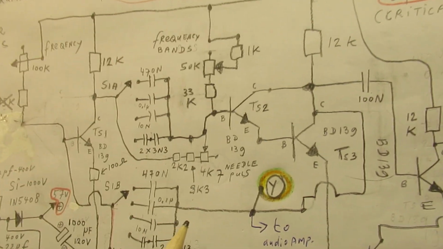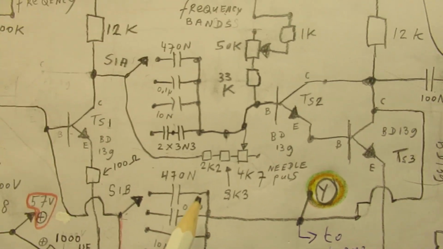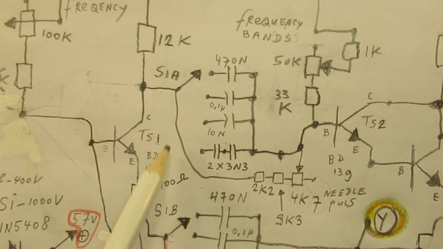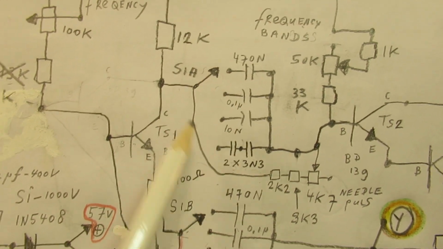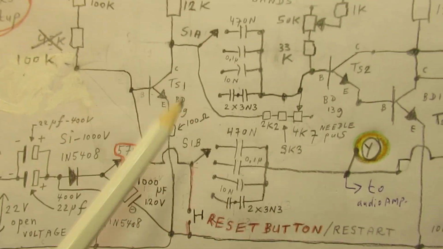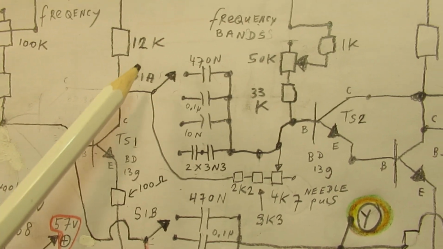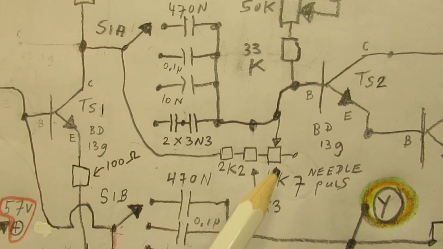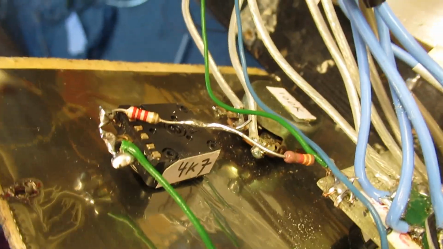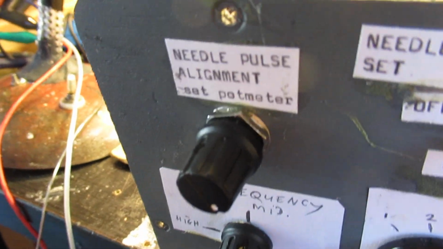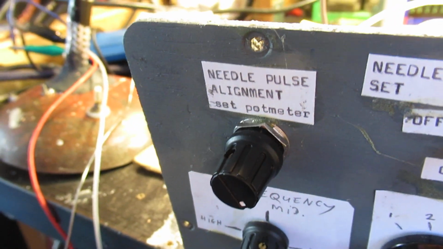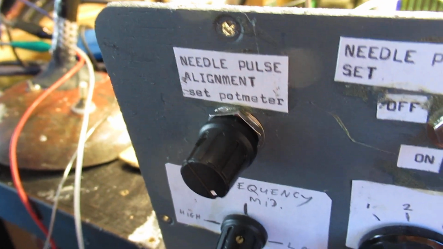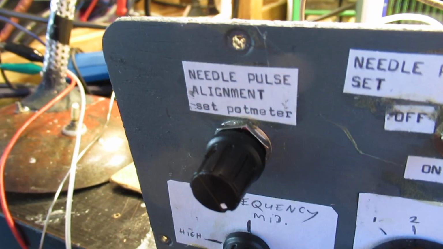The only idea, the new idea, was here, to in a certain way shortcut one of the frequency capacitors in the capacitor bank. And that's here, and I've done that with that 4K7 potentiometer that is here, 4K7, and here's the knob on the outside, and when you turn that knob you can make needle pulses in a certain way, not very sharp needle pulses by the way.